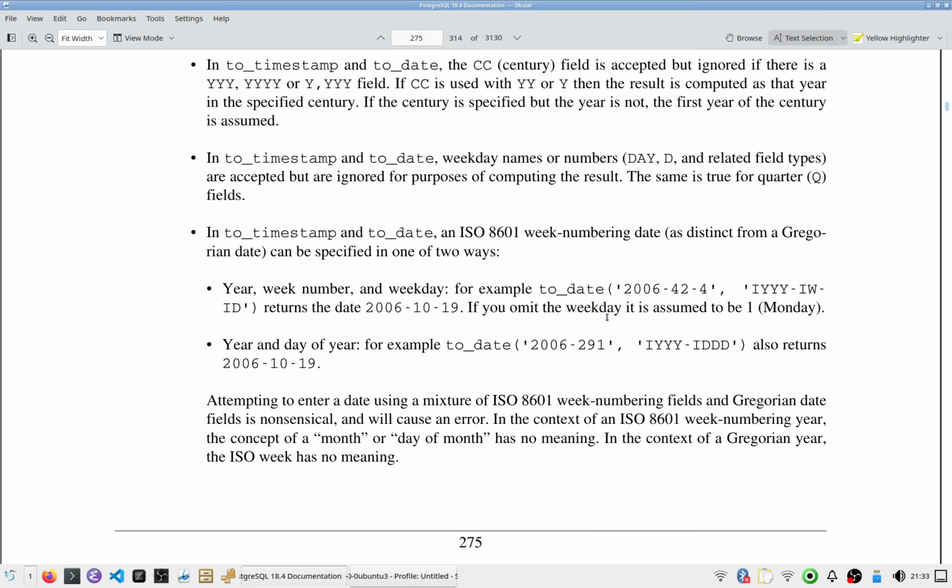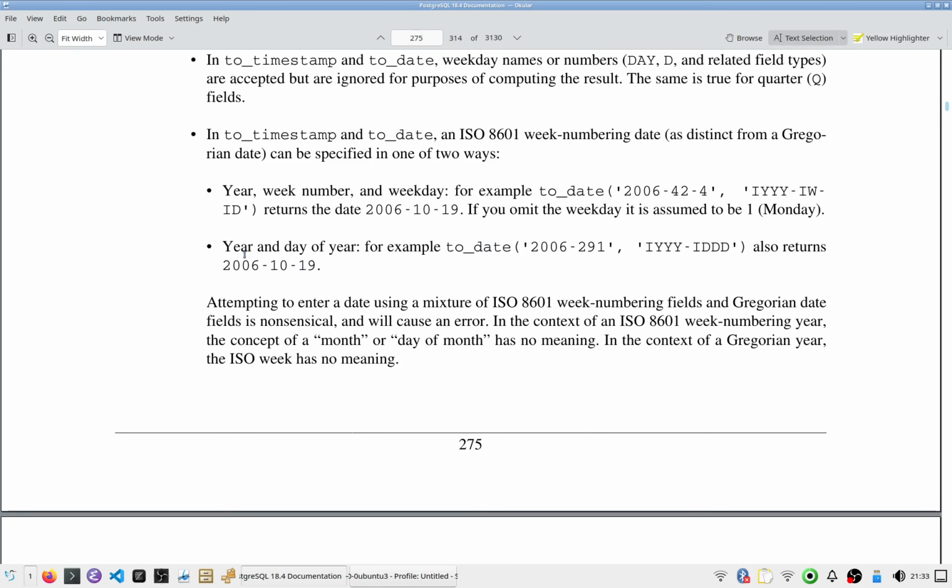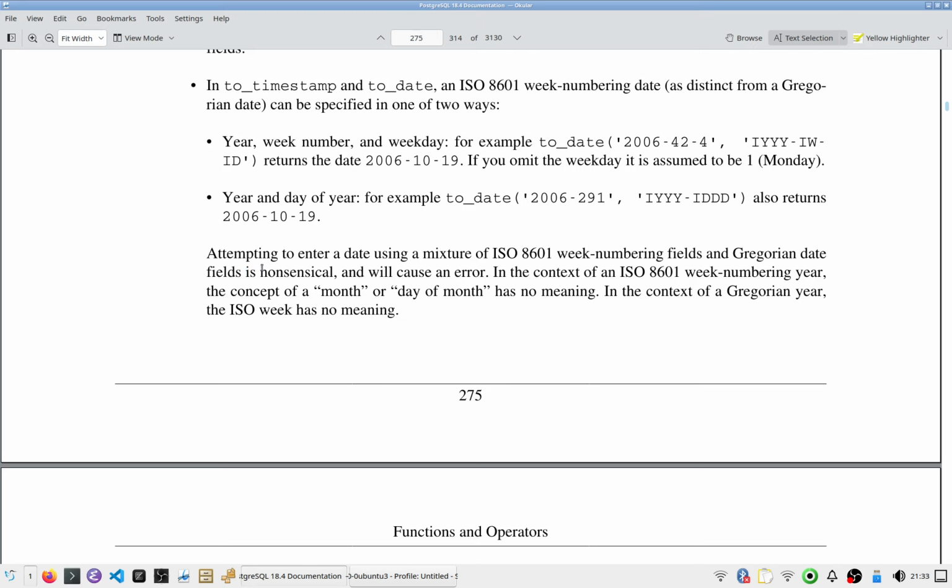If you omit the weekday, it is assumed to be 1, that is Monday. Or year and day of year. For example, to_date('2006-291', 'IYYY-IDDD') also returns 19th October 2006.